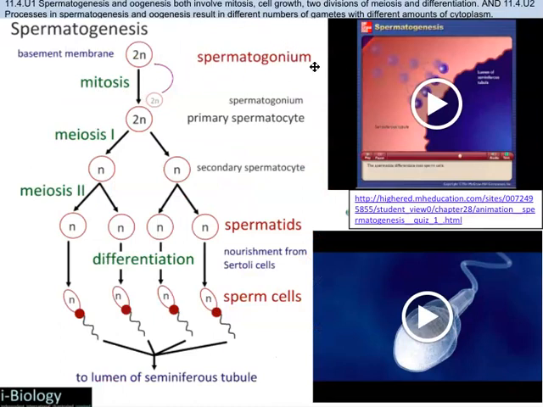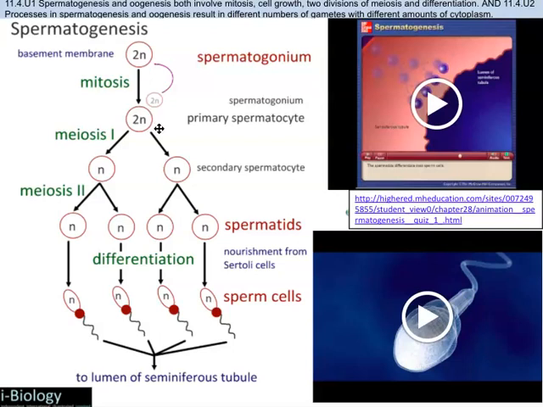We start with the spermatogonium. These have 2n number of chromosomes, aka 46 chromosomes. They go through mitosis, which is making an exact copy, as you know. That's what mitosis does. So we've got these other cells, which are known as primary spermatocytes at that point. Okay, these still have 46 chromosomes.